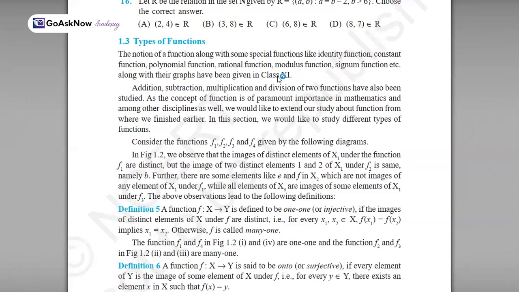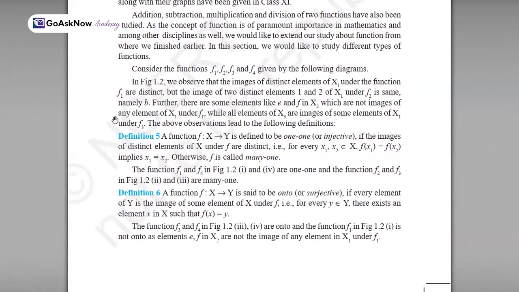Addition, subtraction, multiplication, and division of two functions have also been studied in class 11th. So now we will cover the types of functions here.